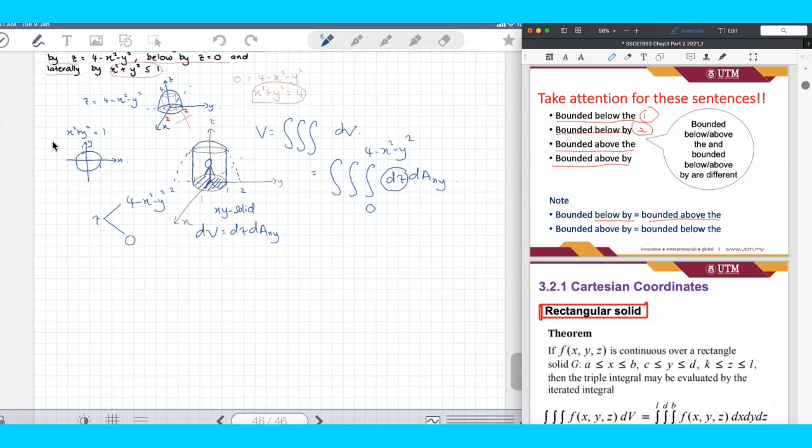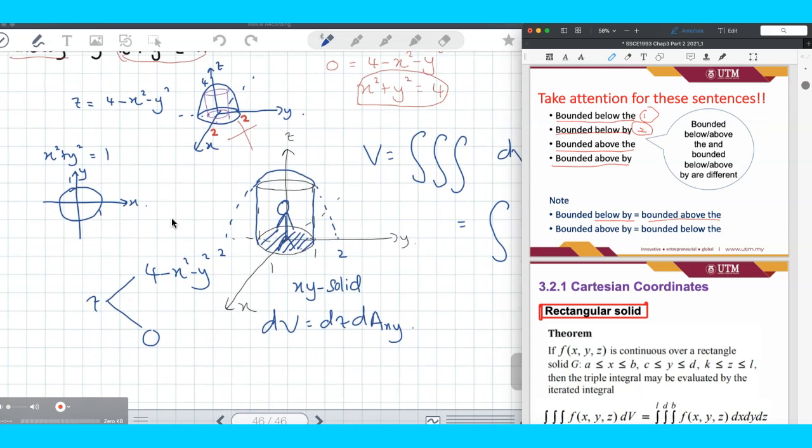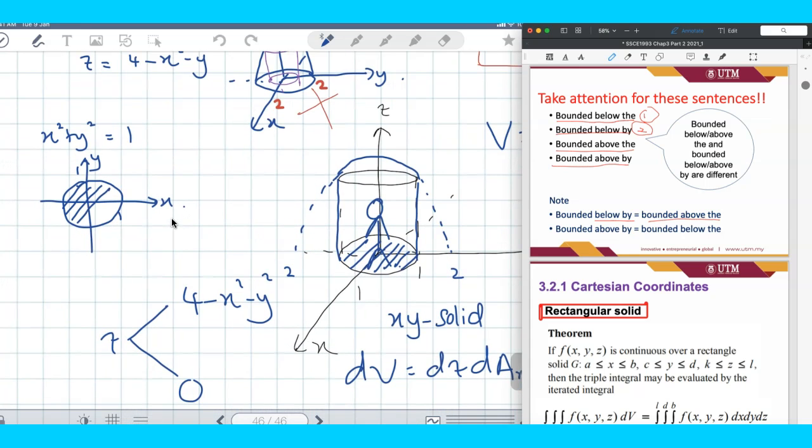Okay, how about your region? Now look at your solid. What is the curve that you can see lying on the xy plane? You can see this circle with radius 1, right? It is part of your trace here. Because your region is part of the circle, it is easier for us to solve, because your equation here is x squared plus y squared.